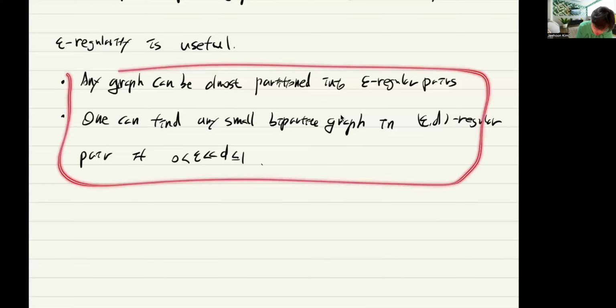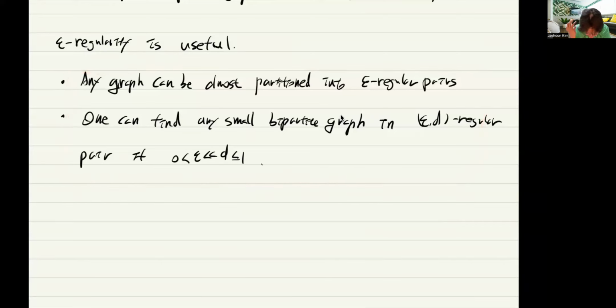So these two are why this epsilon regularity is useful.